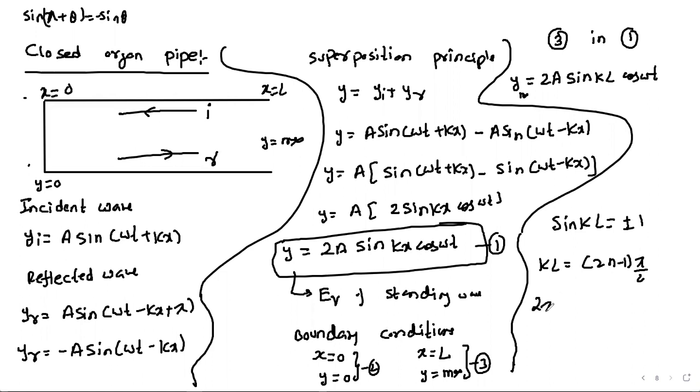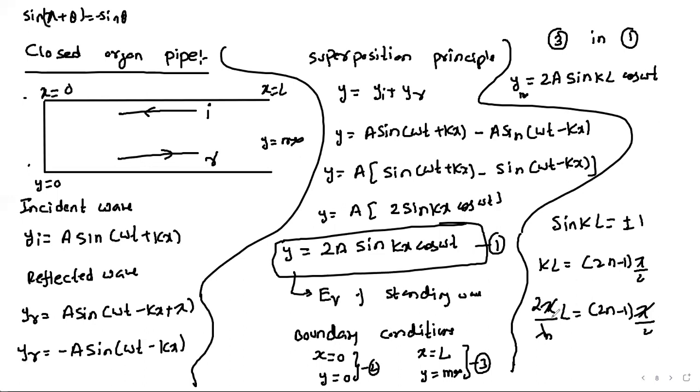You can write k as 2 pi by lambda, times L, is (2n minus 1) pi by 2. This pi will cancel this pi. So if I cross multiply here, taking this lambda n here and multiplying this side with the 2, lambda n is 4L by (2n minus 1).